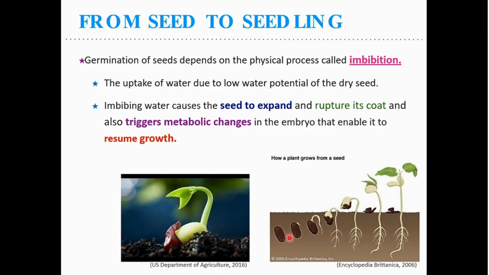As shown in the figure here, this is how a plant grows from a seed. When the seed is put into the soil, there is moisture, right? This will cause the uptake of water and cause the seed coat to rupture. The seed will then proceed to germinate and grow into a plant.